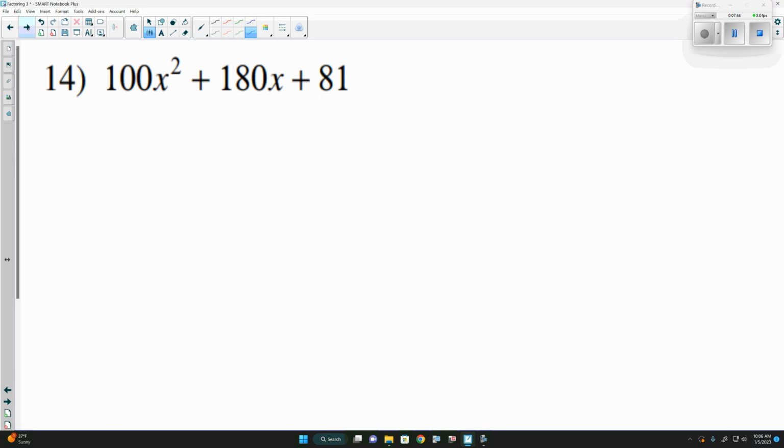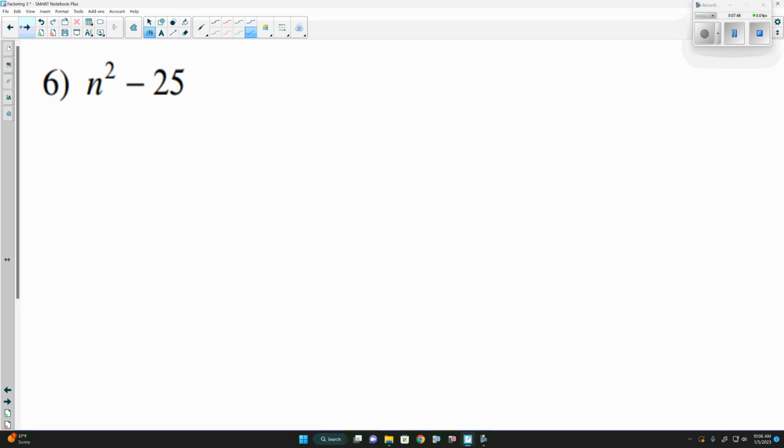Now, the next type we're going to look at, I believe, are the ones that y'all like the most out of all the ones we had to factor, because these had a special name. They were the difference of perfect squares. Because if we look at this here, n squared is a perfect square. It's n times n, something times itself. 25 is a perfect square. It's 5 times 5.